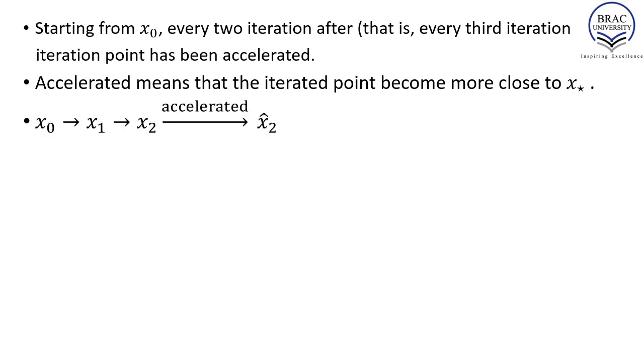Diagrammatically, we start from x0, compute x1 by the iteration formula, and from x1 compute x2, and then apply the Aitken acceleration formula from the previous slide to compute x2 hat. Now this x2 hat we treat like an x2. Remember that this x2 is not the same as the earlier x2, but we treat them as the same.